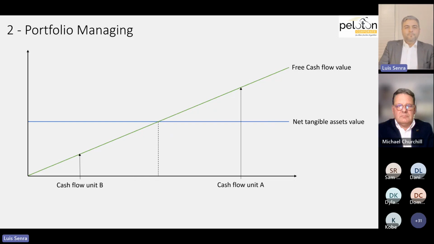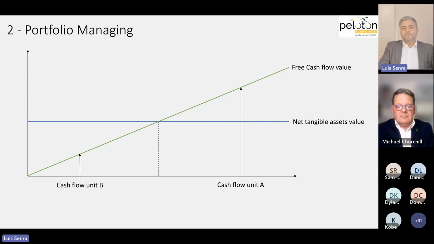The second way is portfolio managing. You remember that we never look at a company just as a company. We subdivide in cash flow units. When we do it, we have cash flow units in every place on this chart. And this chart is actually subdivided in the middle. You have the right side of this chart and you have the left side of this chart.